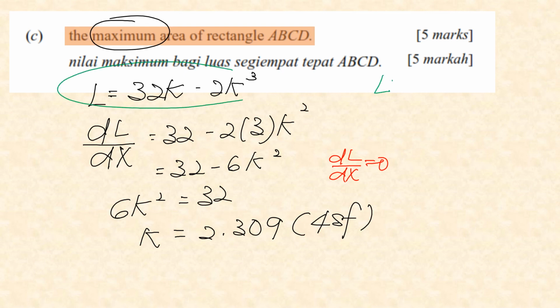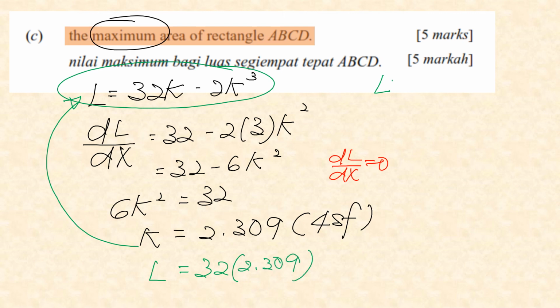This is your L. So sub the K into here. So you will get L equals 32 times 2.309, minus 2 times 2.309 to the power of 3.